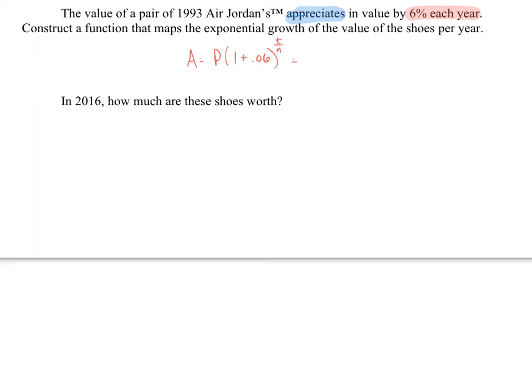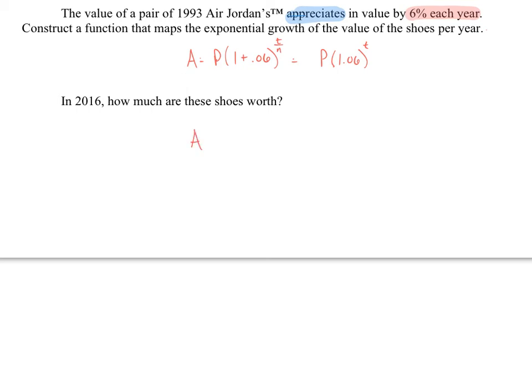Now again, we're going to use time as years. It's only appreciating once per year, so we can condense this to be 1.06 to the t power. Again, n is used if this appreciation is happening more than once per our unit of time. And we're talking per year. It's happening once per year, so t is just that time. So there's our formula.